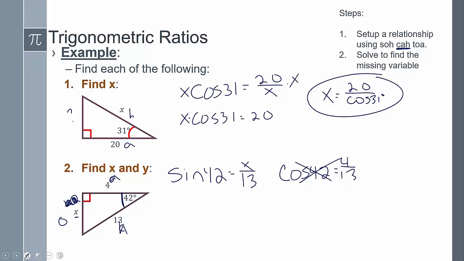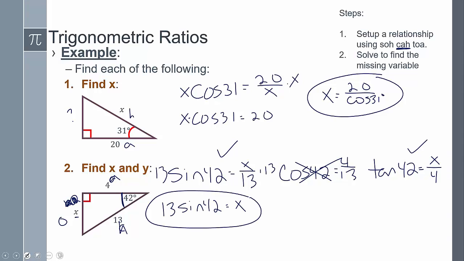I could say the tangent of 42 equals opposite over adjacent. Well, it looks like I could use either of those two equations to solve it. You can pick. I'll just choose the sine, multiply both sides by 13. That would be my answer. So that's the exact answer, right? We could put that in our calculator to find an approximation.